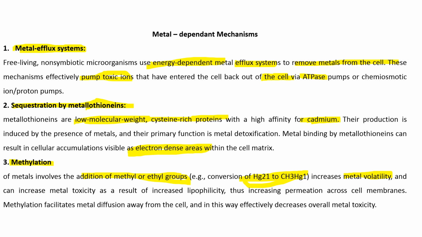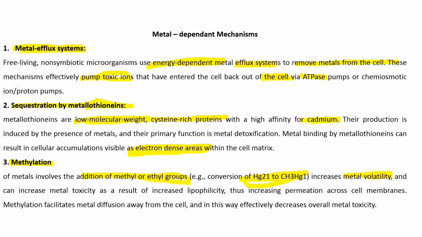Volatility is their capacity to change from liquid or solid phase to gaseous phase, to change into vapor. When methyl and ethyl groups are added to some elements, especially mercury, they increase their volatile nature.